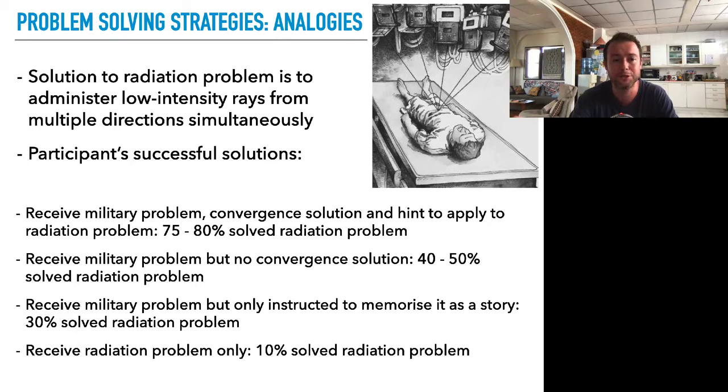Those that received the military problem but were only instructed to memorize it as a story, 30% of them solved the radiation problem. And for those participants that received the radiation problem in isolation on its own, only 10% could effectively solve it. So if you were able to solve it without any hints previously, congrats, you're in that unique 10%.